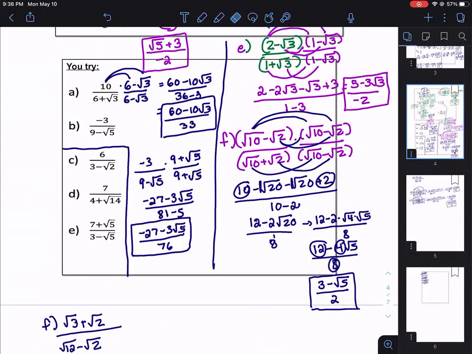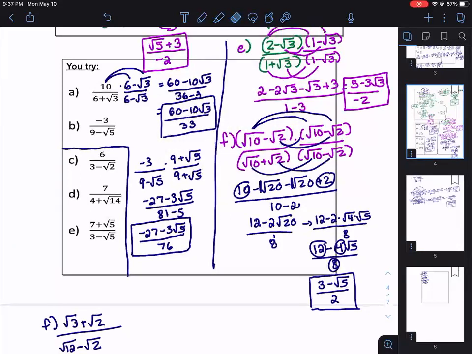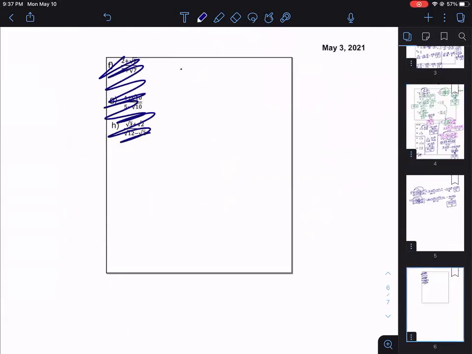I am going to have to go on a new slide for these. I really am running out of space. So I'm going to do C, D, and E and F over here.